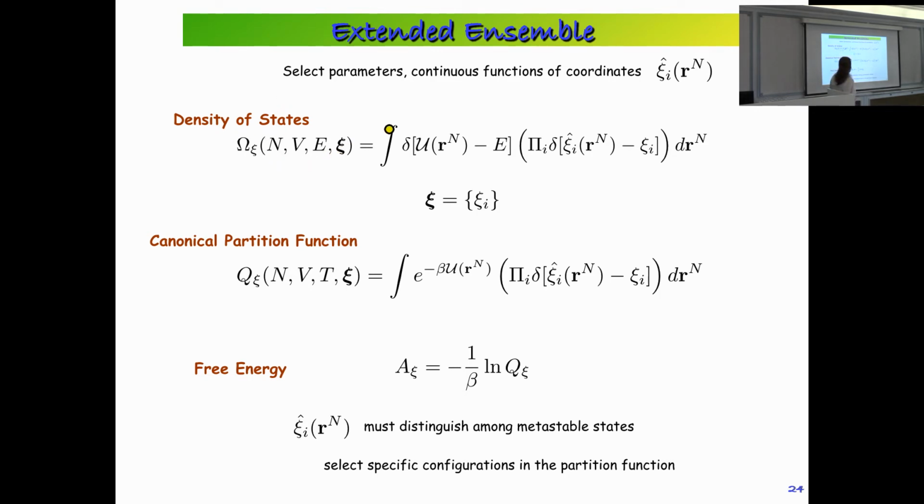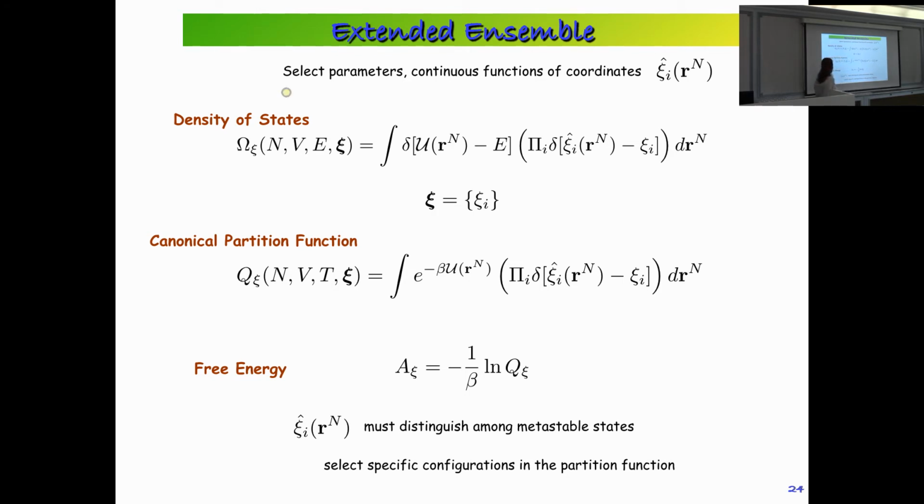This is a density of states in a microcanonical ensemble, so the potential energy has to satisfy the constant value of the energy, and the collective variables, defined in terms of coordinates, have to satisfy the given value that has been set. So this is counting the number of configurations that correspond to the fixed parameters.